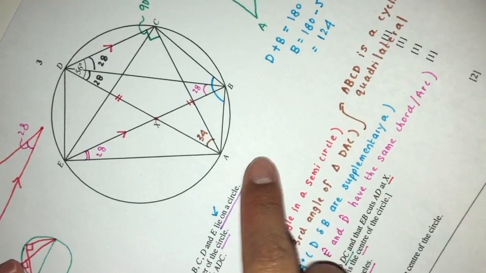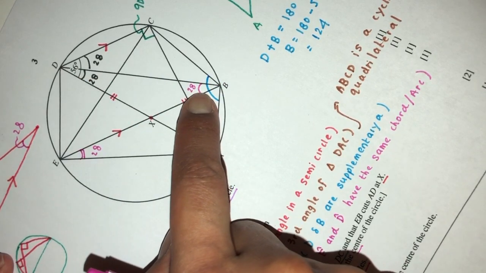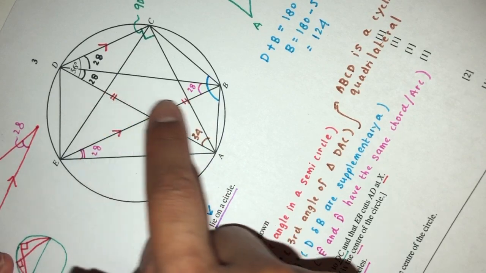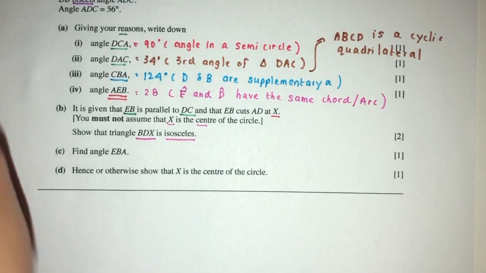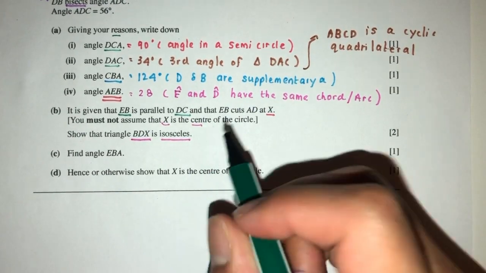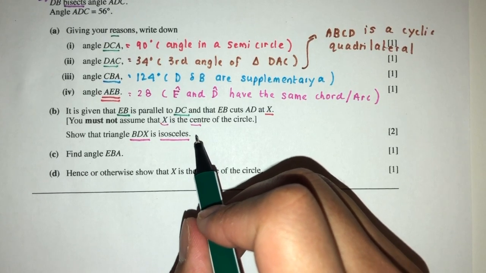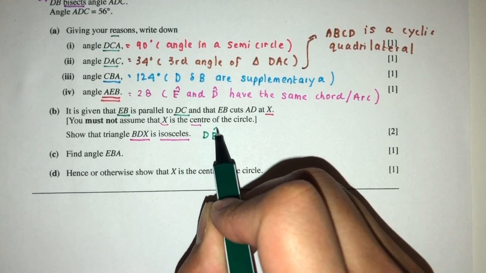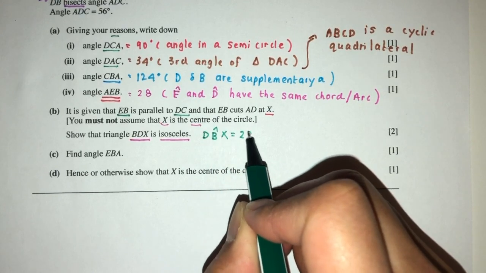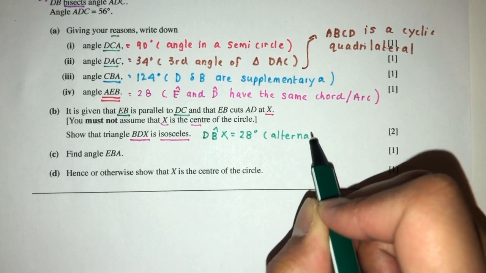As you can see now, in the triangle DBX, these two angles are the same. Because of that, these two sides have to be the same, and hence it is an isosceles triangle by definition. So we can say we have found the angle, let me write this down, the angle DBX was found to be 28 by alternate angles. You can write the reasons if you want to.